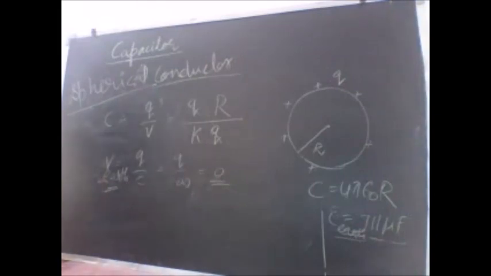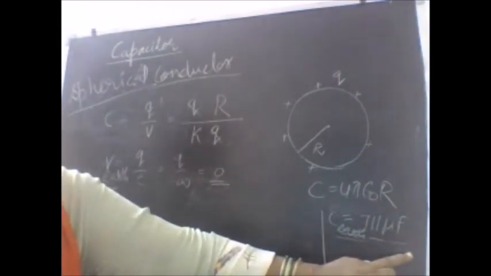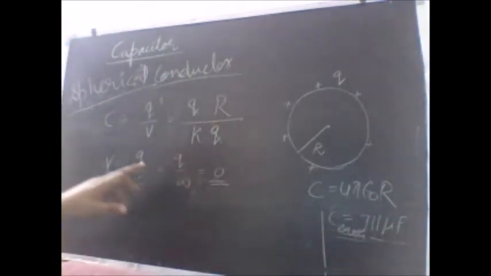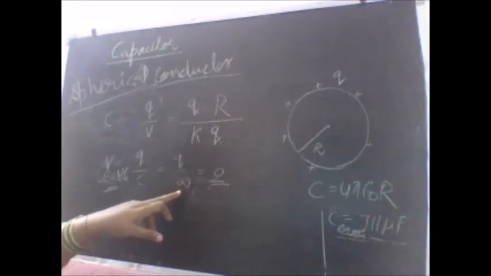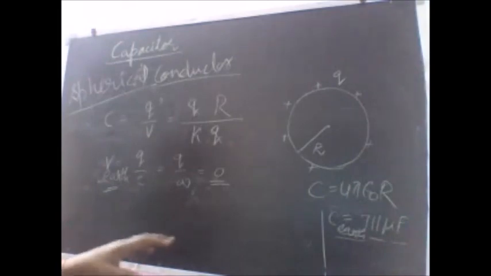Why? Because the capacitance that we have calculated is 711 microfarad, which is a huge value, and for approximation I can take it as infinity, and the potential becomes 0. That is why for all practical purposes, when we come to the second chapter and do network solving, we will take earth at 0 potential.